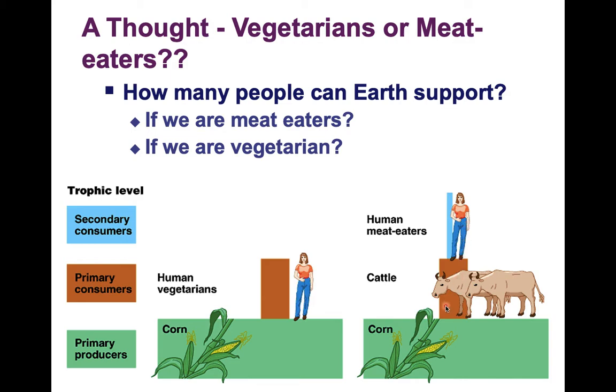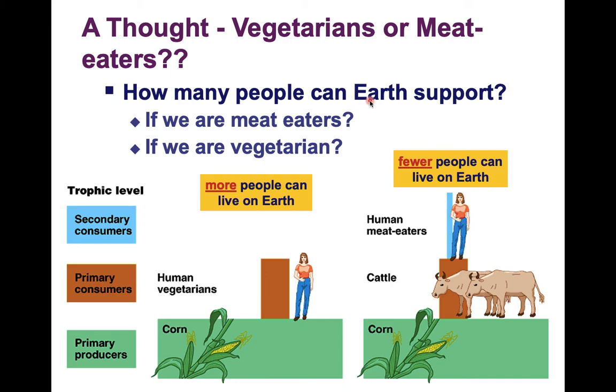Then we can no longer be primary consumers. We become secondary consumers. And in that case, that means there's less primary consumers. So then there's going to be even less secondary consumers or human meat eaters. So just a thought here, right? If we were all vegetarians, then that means that our planet, with its limited resources, would be able to support most of us.